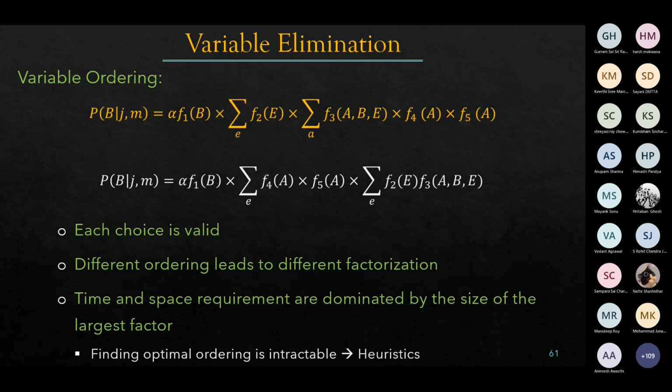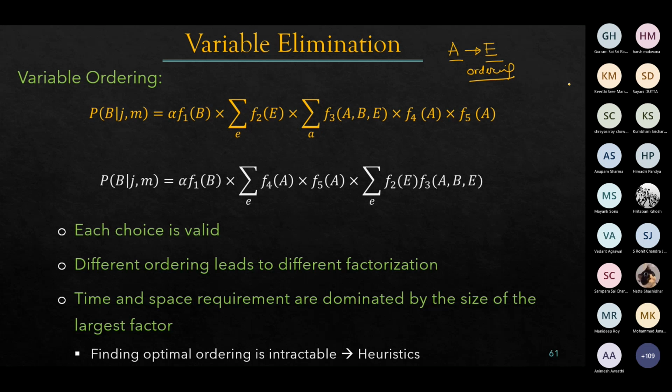Now, at some point, I was talking about variable ordering. So in variable elimination, what we are really doing is picking up a hidden variable and eliminating it. And then we take the next variable and eliminate that. So we had ordering involved in that.